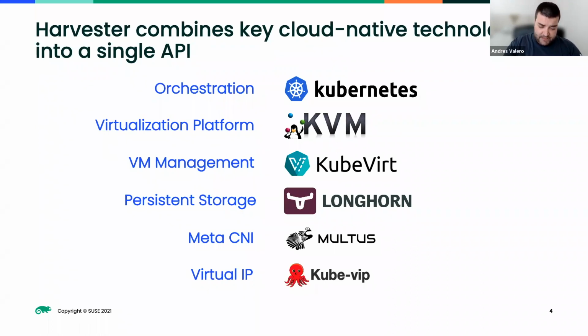So it has Kubernetes, it has KVM for virtualization, it has VM management using KubeVirt, persistent storage with Longhorn, Meta CNI with Multus, because at the end, and we will see more later, the VMs will be running on a pod, and the pod will need multiple interfaces to connect to multiple networks, VLANs to be more concrete, and virtual IP to manage by KubeVirt the different IPs inside Harvester.